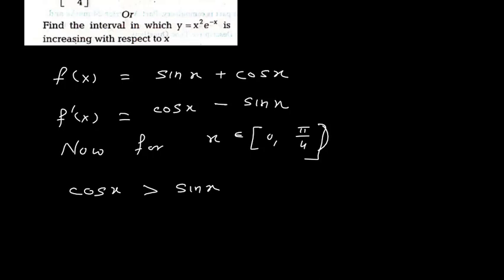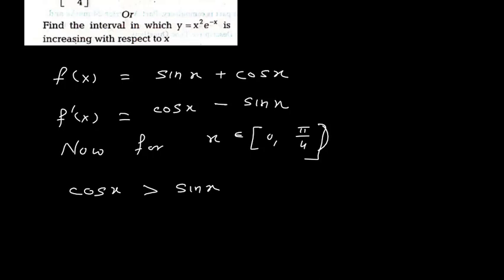Similarly, for pi by 4, cos pi by 4 and sin pi by 4 are equal. So when theta reaches pi by 4, cos and sin become equal. But if it is slightly less than pi by 4, then cos is greater than sin.